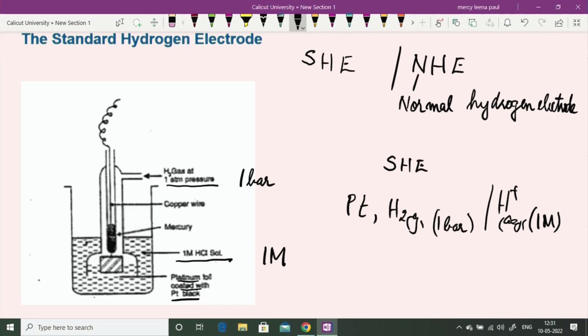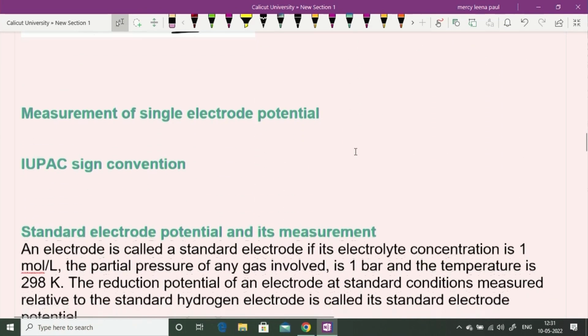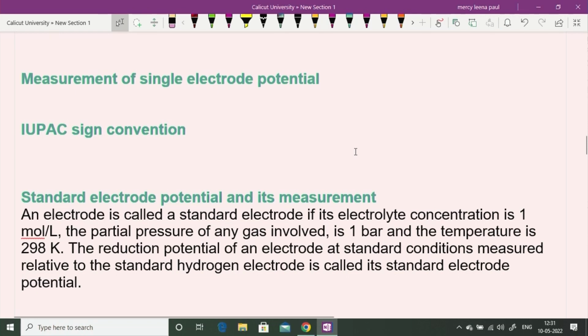So, this is for measuring single electrode potentials. Now, how will you measure the single electrode potential? Whichever electrode you require to measure, you just take the electrode, couple it with the standard hydrogen electrode, connect it, and measure the potential of the cell.